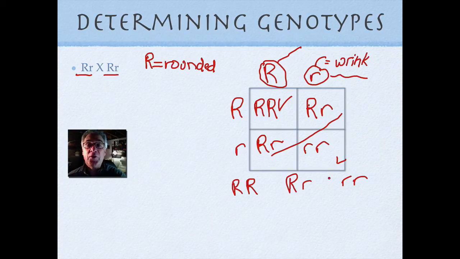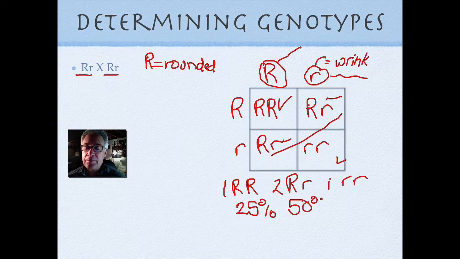So those are the different kinds of genotypes that this particular cross will bring: one big R, big R, two big R, little r's here and here, and lastly one little r, little r. If we put some percentages behind it, the big R, big R is 25%, the big R, little r is 50%, and the little r, little r is 25%.